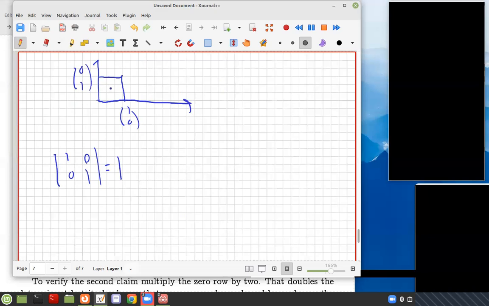Well, if we do a row operation on this, let's say we do 2 row 1 plus row 2. What does this go to? 1, 0, 0, 1 goes to 1, 0, 2, 1.